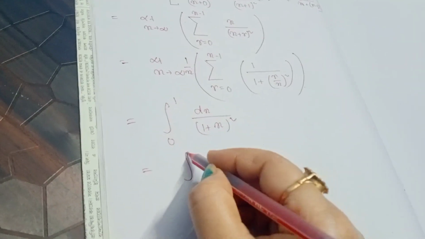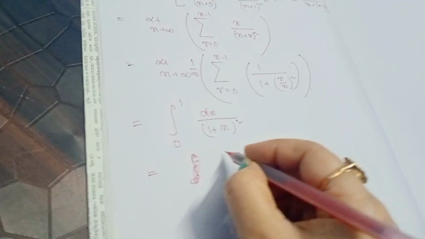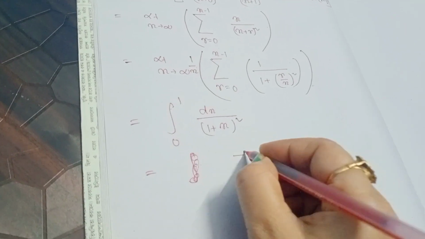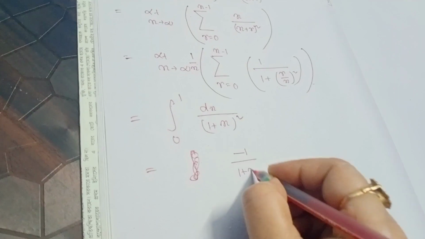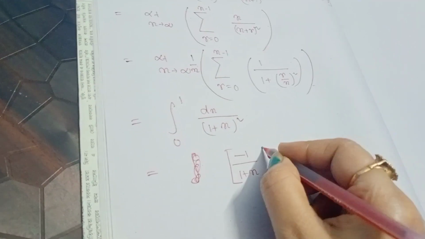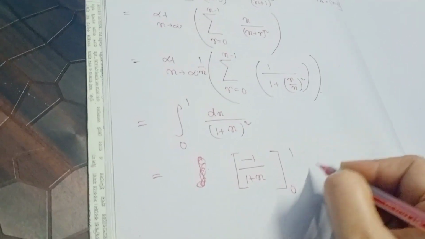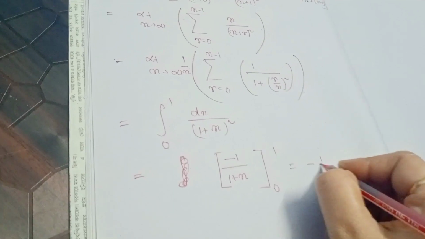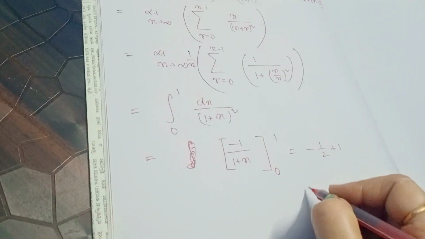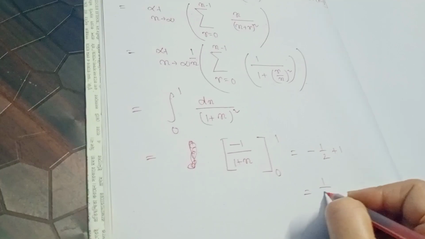When we take the integration, it becomes minus 1 divided by (1 plus x) between the limits 0 to 1. So this is minus half plus 1, which is equal to half.